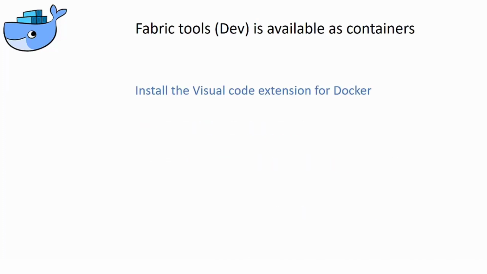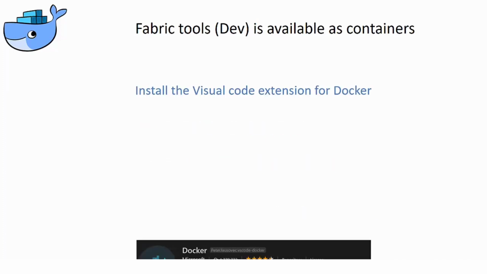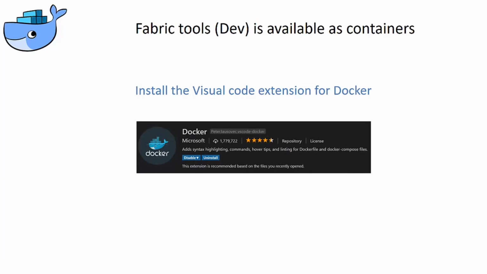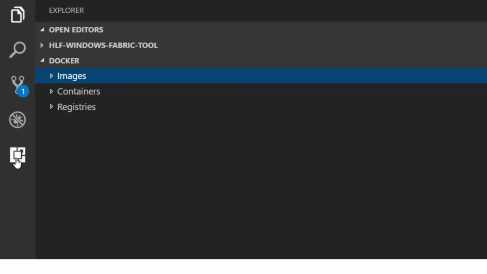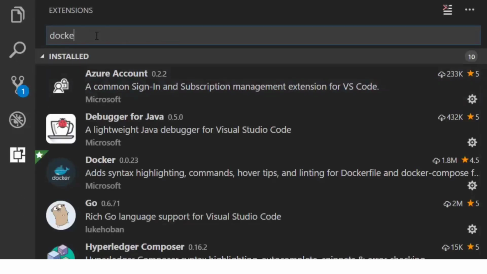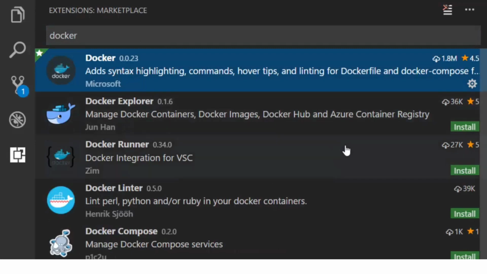I suggest that you install the Visual Studio Code extension for Docker. Once you install this extension in Visual Studio Code, you will be able to execute basic commands against the containers. So you won't have to really type all those Docker commands on the command prompt. Click on the extensions, just type Docker, and you will see this extension available to you.